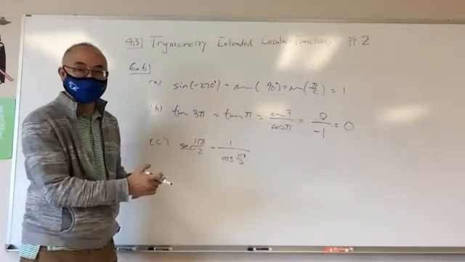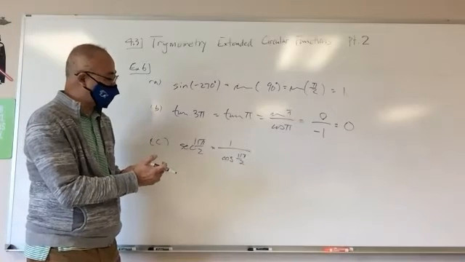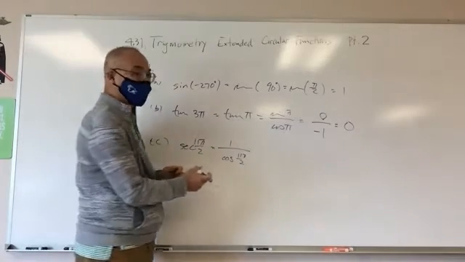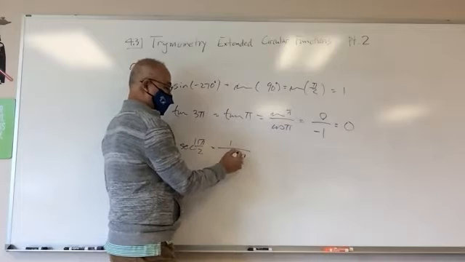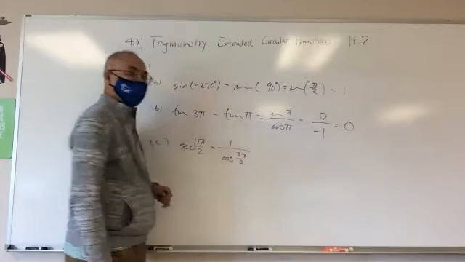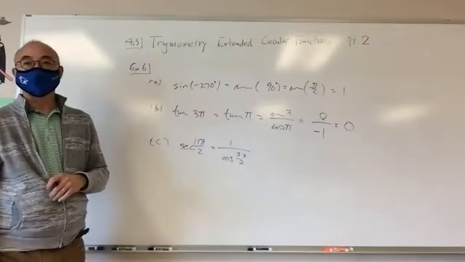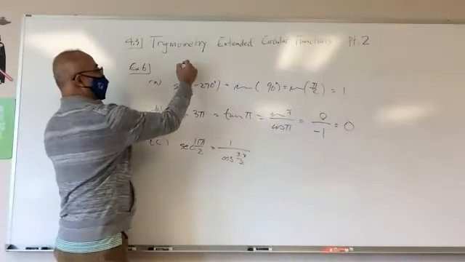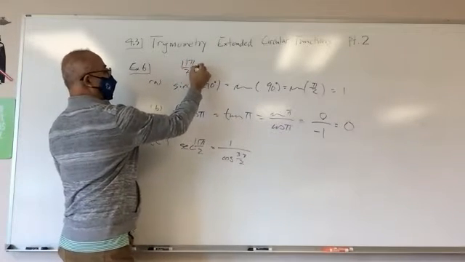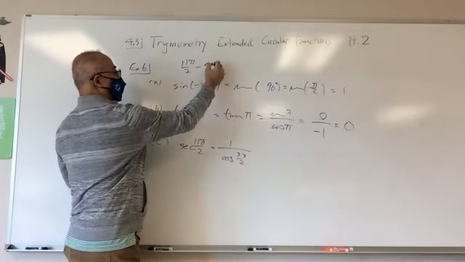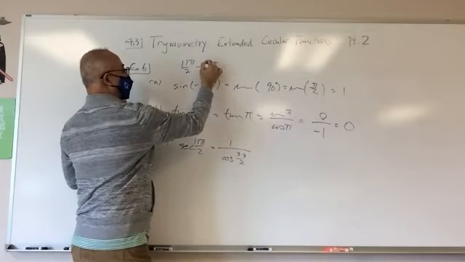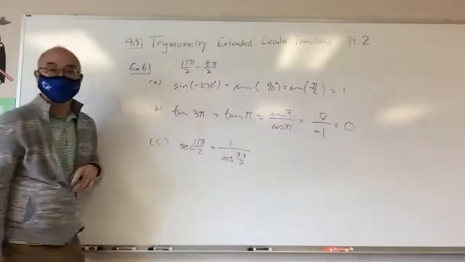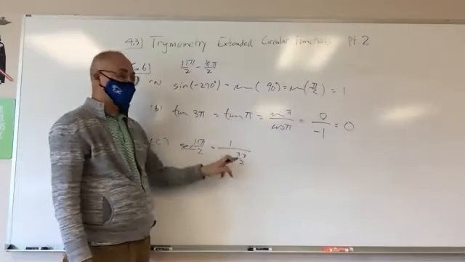If I subtract 4 pi's worth, 11 pi over 2 minus 8 pi over 2, I get 3 pi over 2.